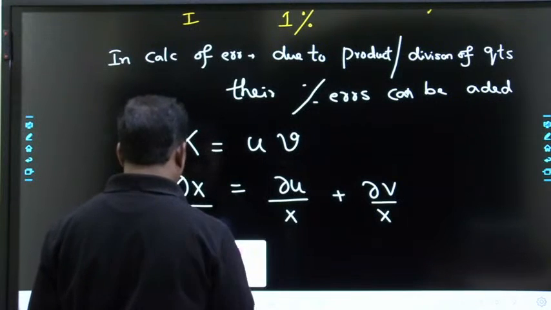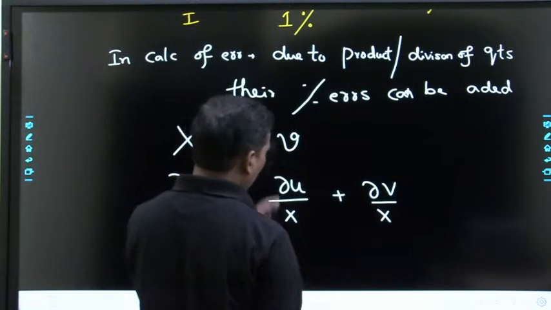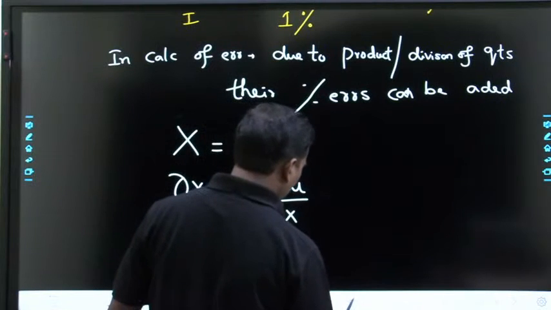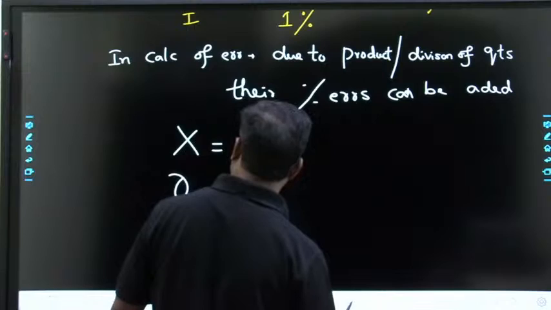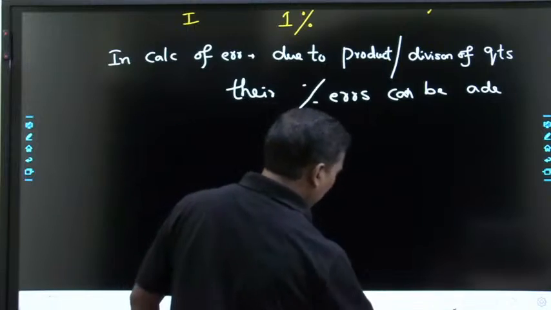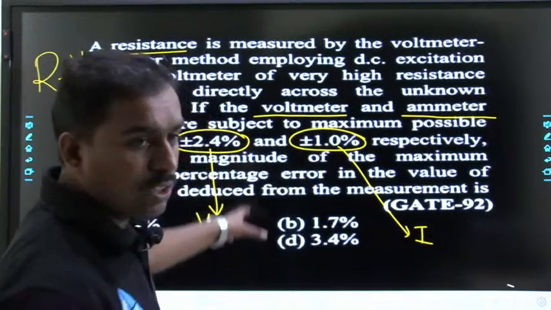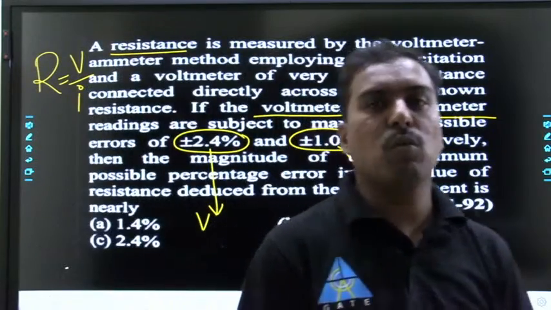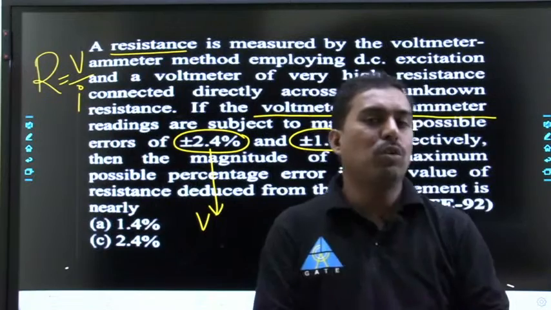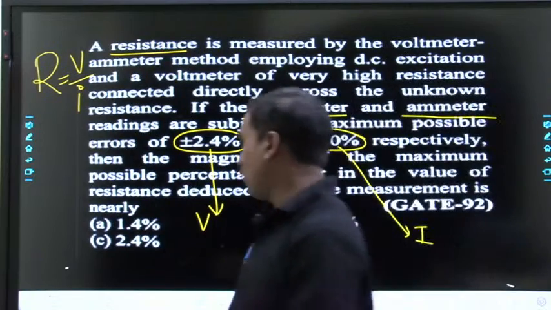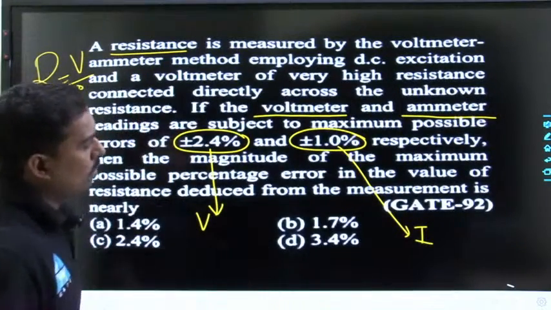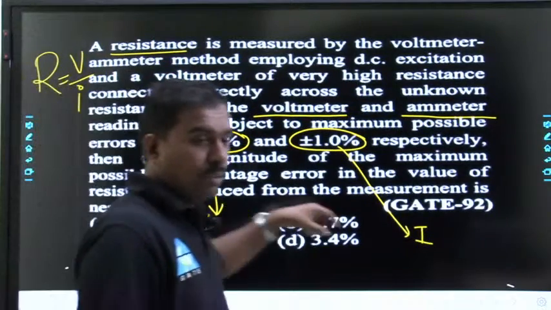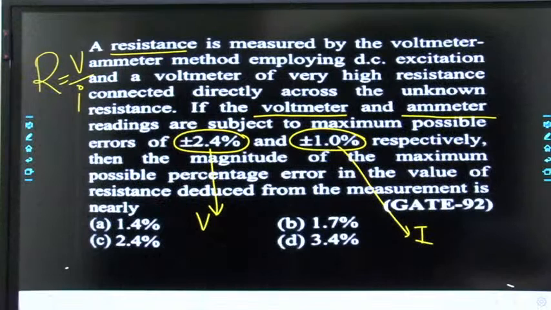If you multiply both sides with u and v, you are going to get dou u by u, then dou v by v. So there, the percentage errors are going to be added. Always remember, in calculation of errors due to sum or subtraction of quantities, their absolute errors can be added. In calculation of errors due to product or division, their percentage errors can be added.